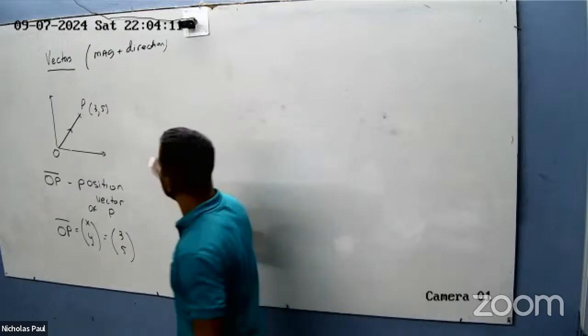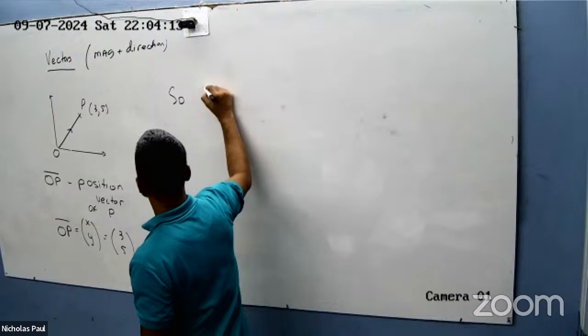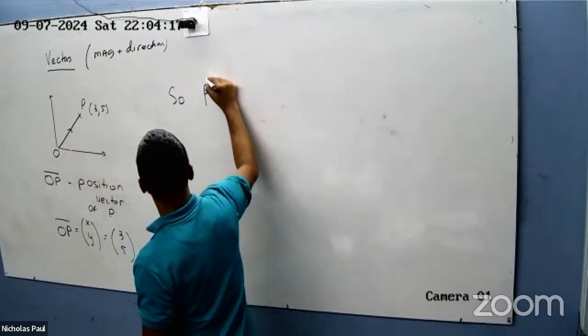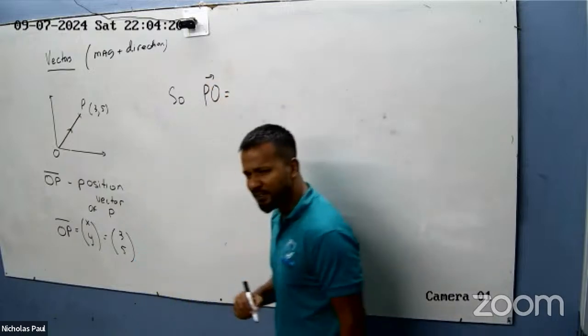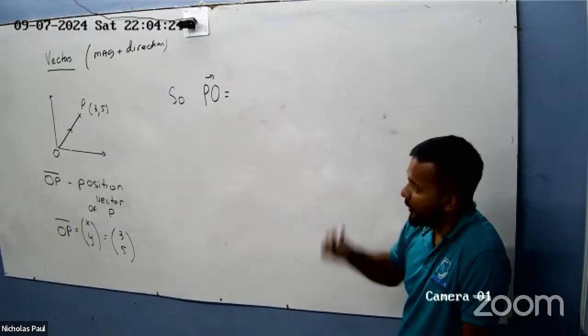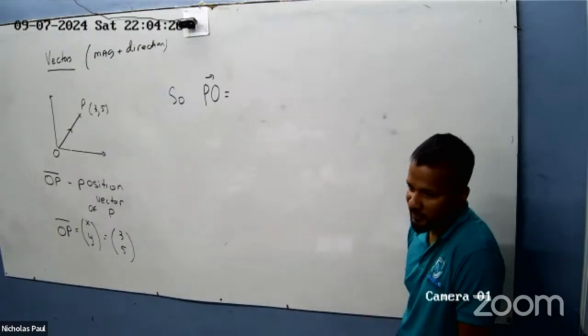So what do you think will happen if I change the direction? Instead of going O to P, I said P to O. Anybody want to guess? How do I write that?